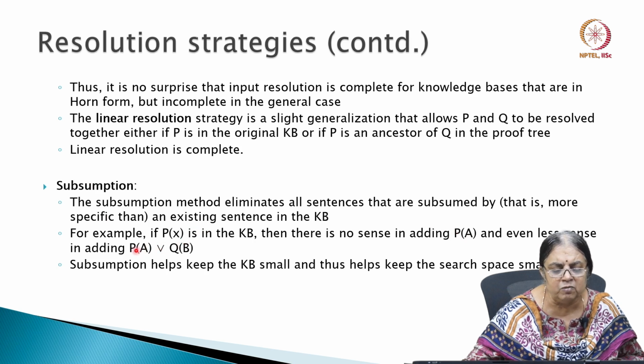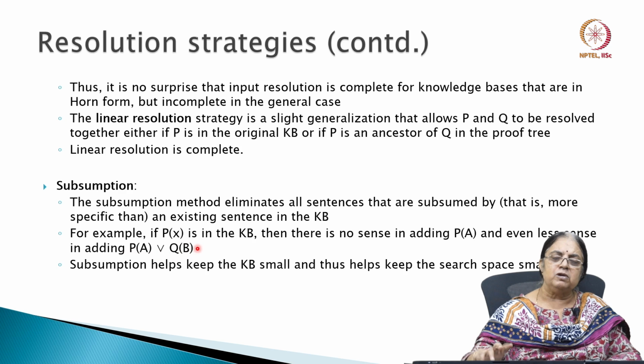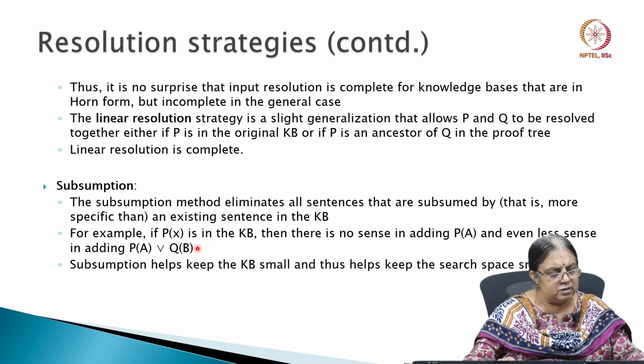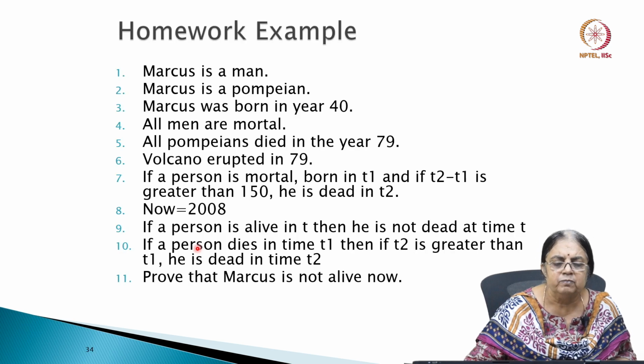And also there is no point in saying P of A or Q of B, right. So subsumption actually keeps the knowledge base small. So these are some of the resolution strategies which can be used.